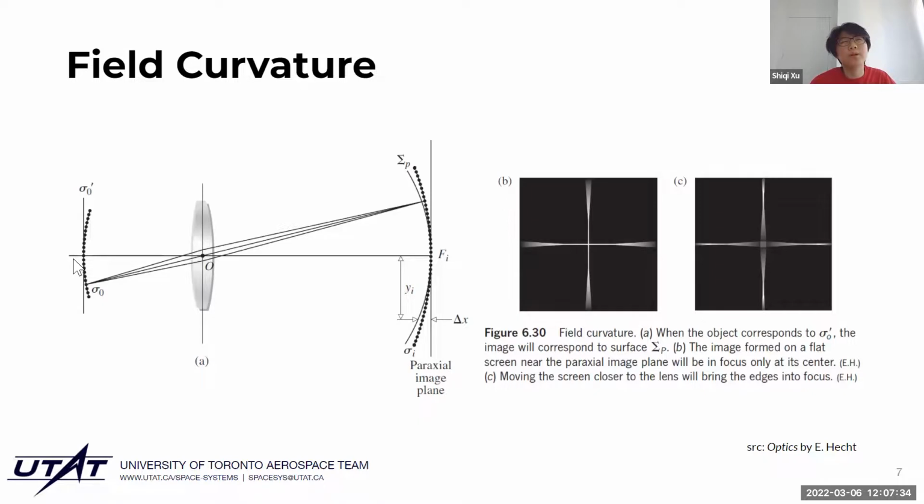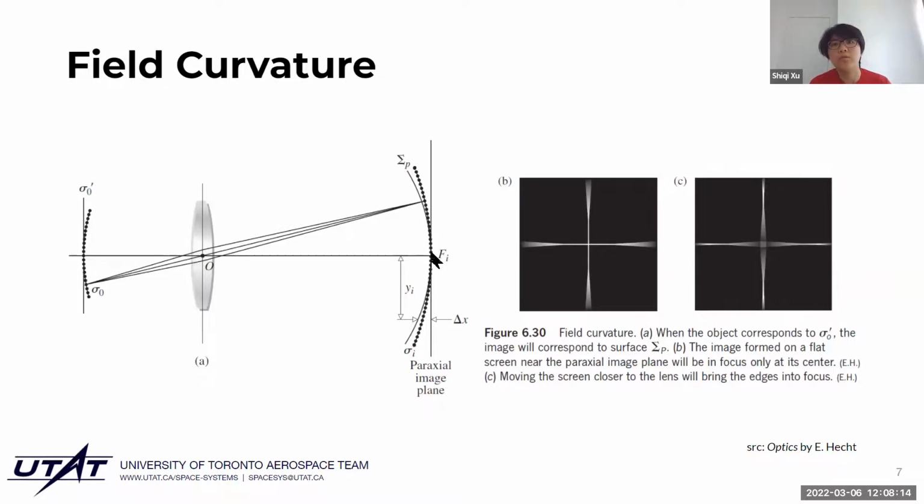Let's say you've calculated where you should place your object and your screen based on the paraxial location, then you'll have a clear image close to the center, and then it'll fall away at the edges, and you can kind of see that here.